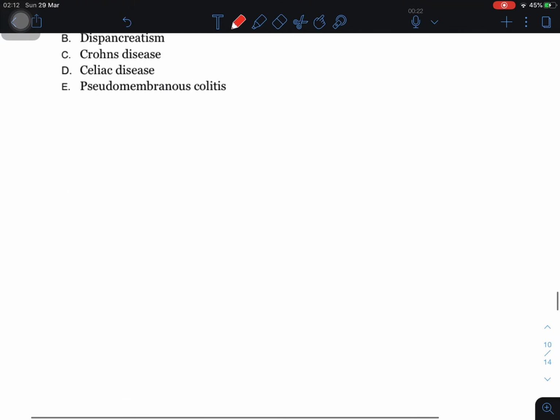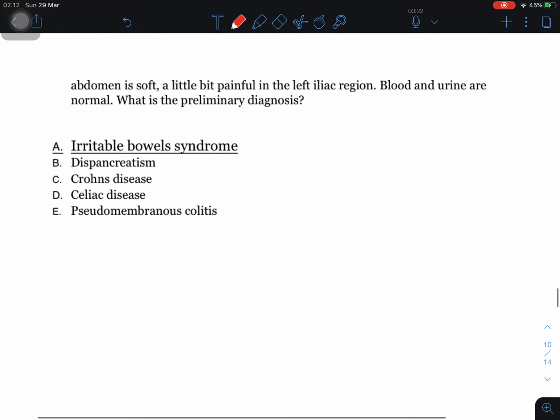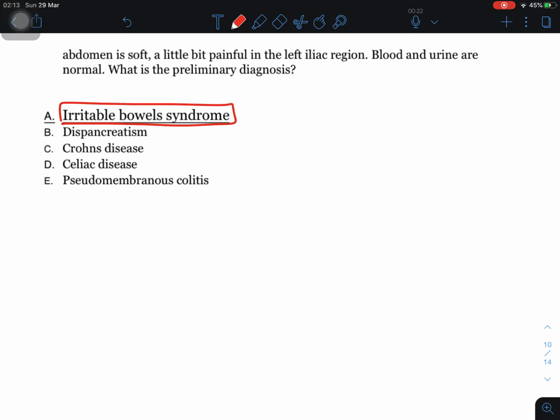Now, let's go on to the question. However, the answer which is given here is irritable bowel syndrome. First we'll be discussing what irritable bowel syndrome is, and later on we'll come back to that point. The definition of irritable bowel syndrome is that the patient will be having abdominal discomfort.